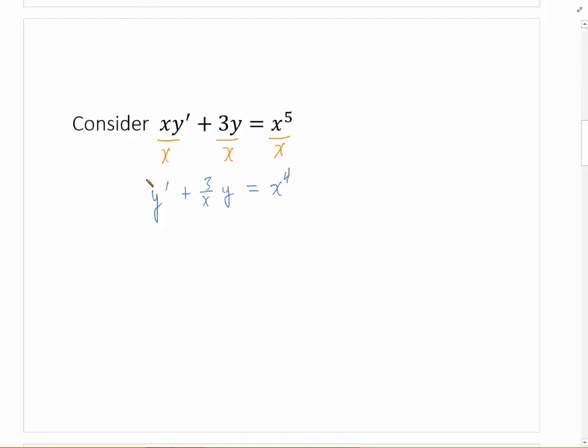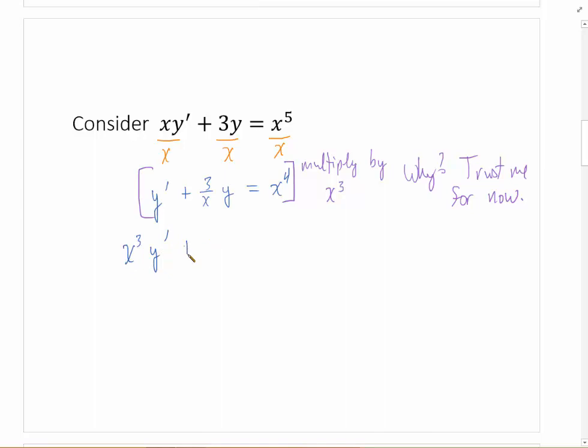Now what I'm going to do is multiply both sides by x cubed. Why? Trust me. For now, I'm going to explain where that came from in just a couple minutes. Okay, so if I multiply through by x cubed, that's going to give me x cubed y prime plus 3x squared y is equal to x to the seventh.